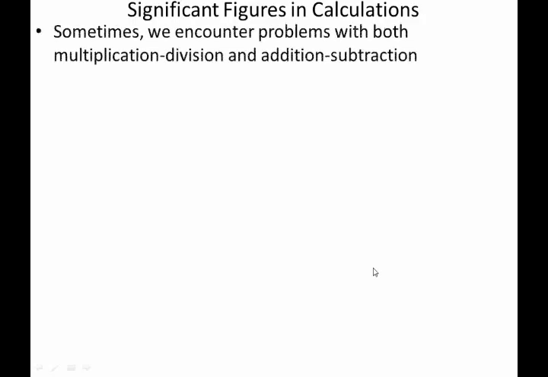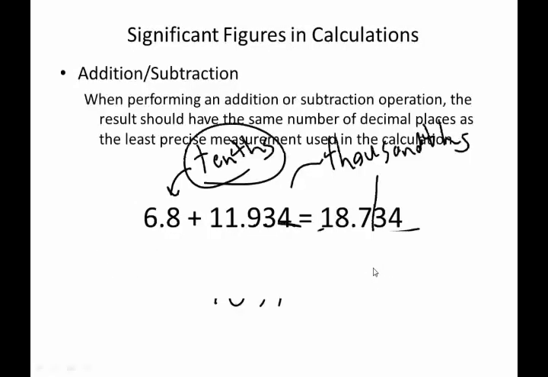Okay, now some of you may have jumped ahead to the next big question, which is, what happens if I've got both multiplication, division, and addition, subtraction? Now, in my haste to get through them, I wanted to make sure that you understood that these 2 rules are for different operations.